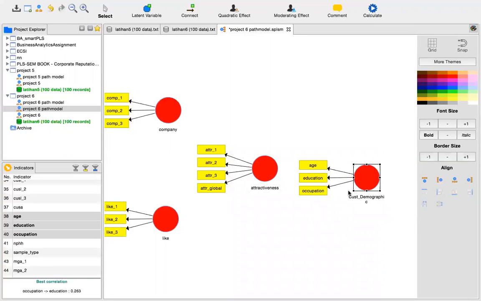Next, we're going to connect all the variables. Click connect. Company to attractiveness. Company to customer demographic. Attractiveness.